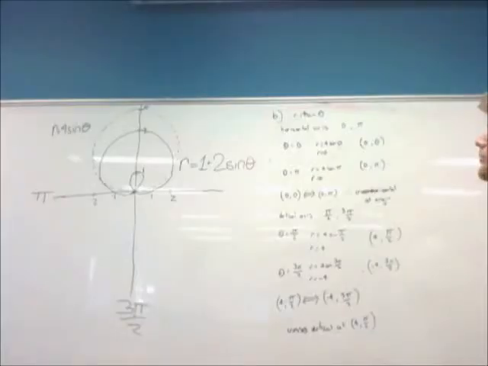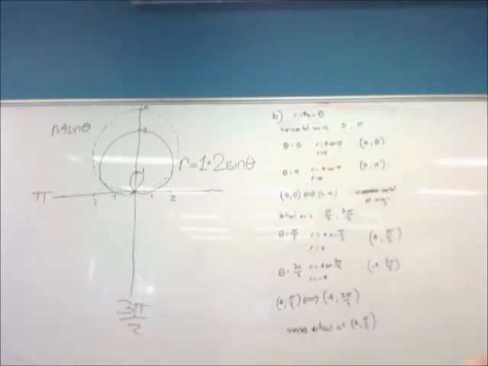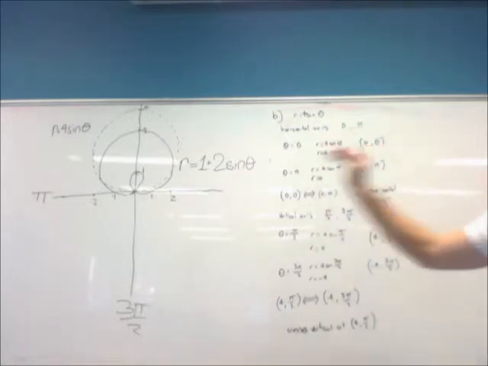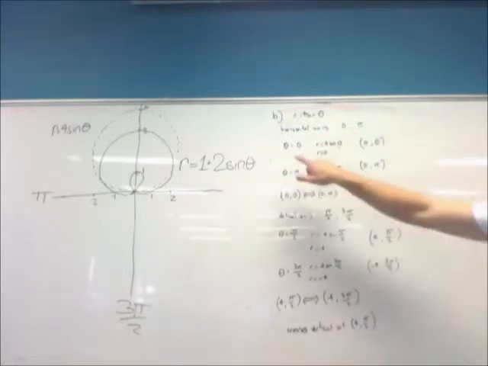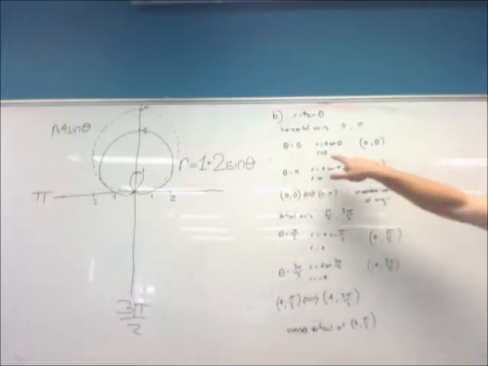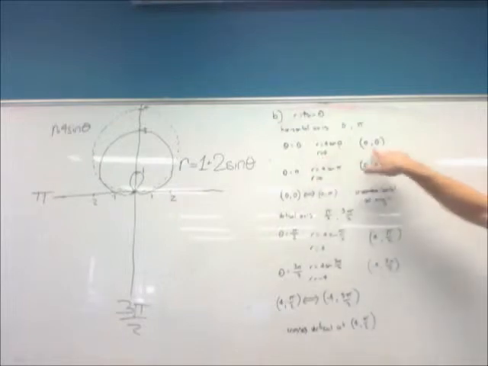In part B, we're finding where the graph crosses the horizontal and the vertical axis. So for the horizontal axis, we know 0 and pi. When theta equals 0, we find that r equals 0. So in our Cartesian form, we've got 0, 0.